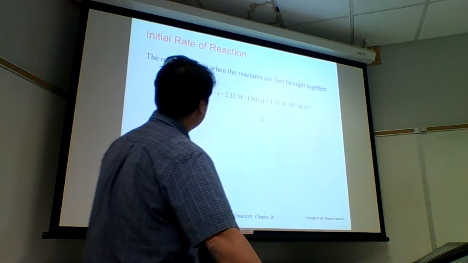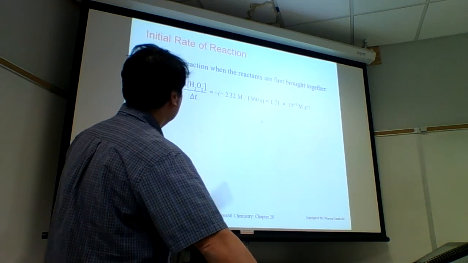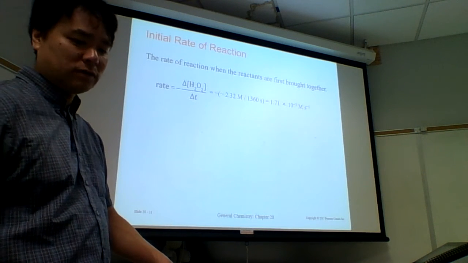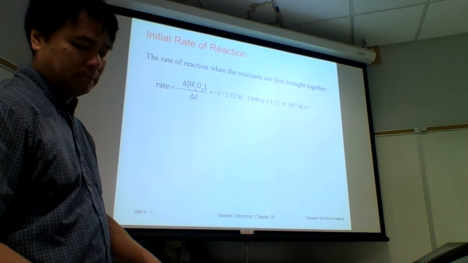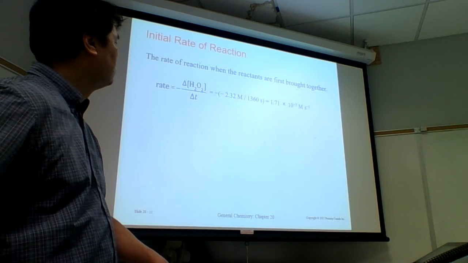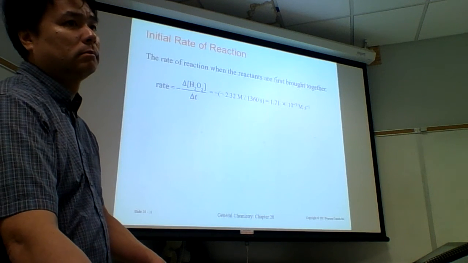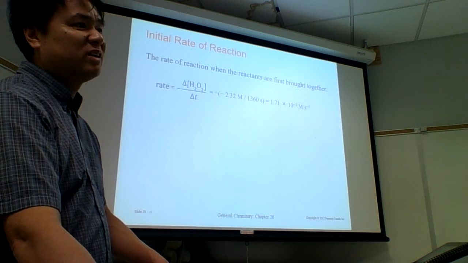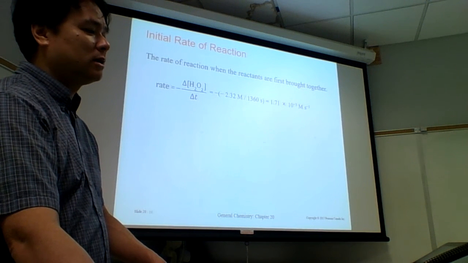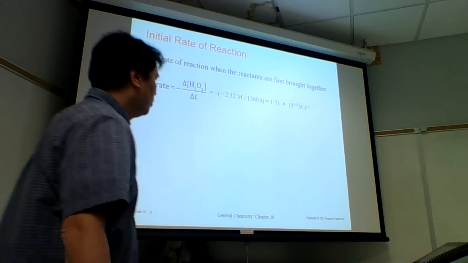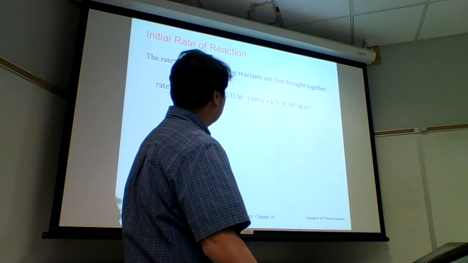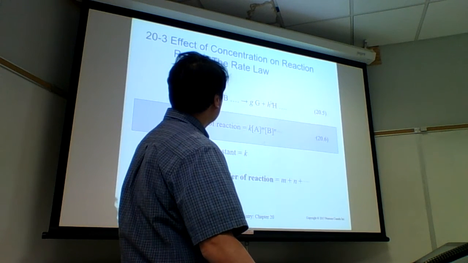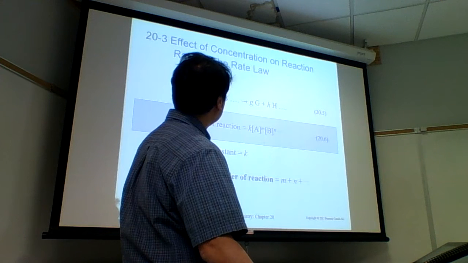I had two definitions for the initial rate. What were they? The initial rate is the slope of the tangent line at time 0, or when less than 5% reaction has occurred.